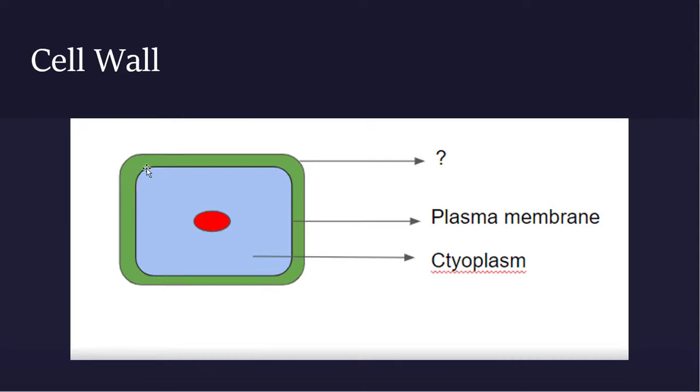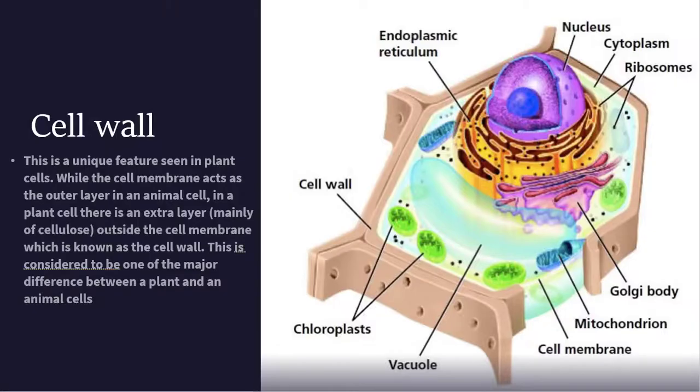This is the plasma membrane, and another layer over the plasma membrane is called the cell wall. This is the cytoplasm. And now I am moving on to the cell wall again. This one is the cell wall. Below the cell wall, inside the cell, there is another membrane called the cell membrane or plasma membrane.